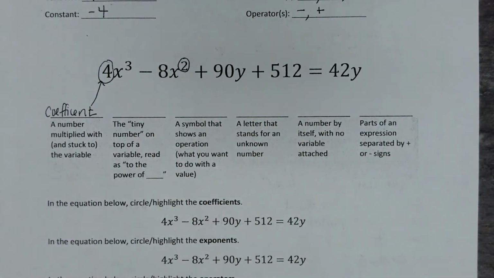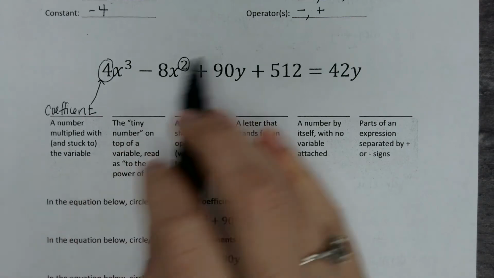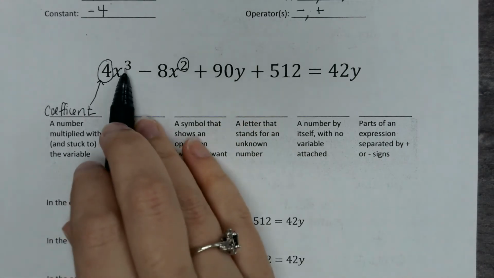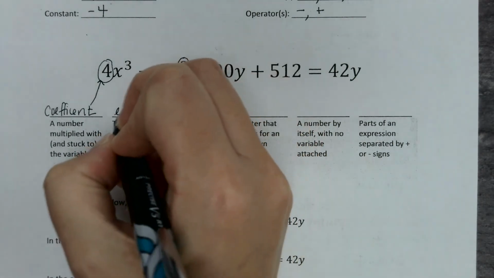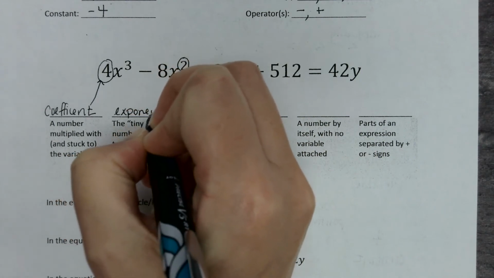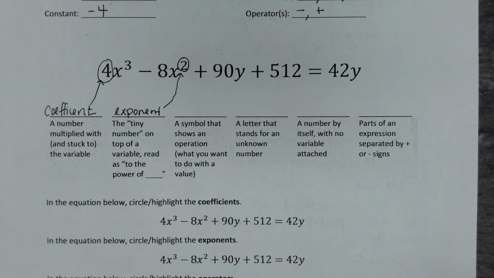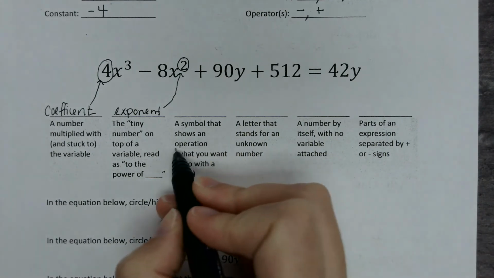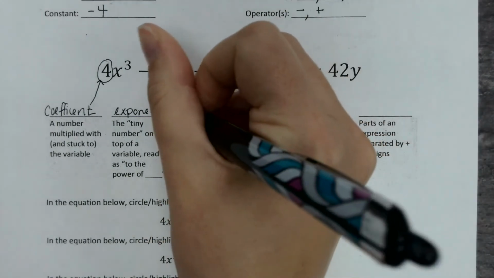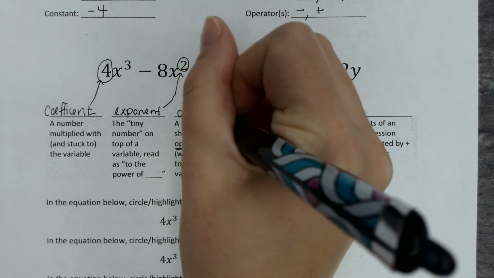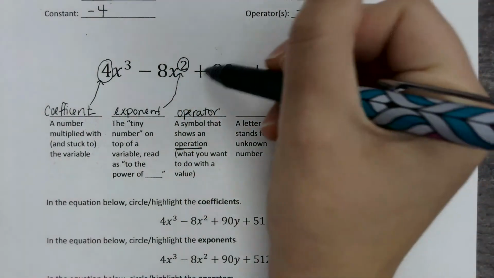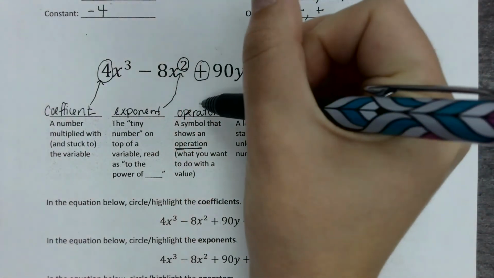We always read it as to the power of. So this would be to the power of 2 or to the power of 3 here. So this is called the exponent. Now, a symbol that shows an operation is just our operator. So for example, in here, we have a plus sign. Here's my operator.